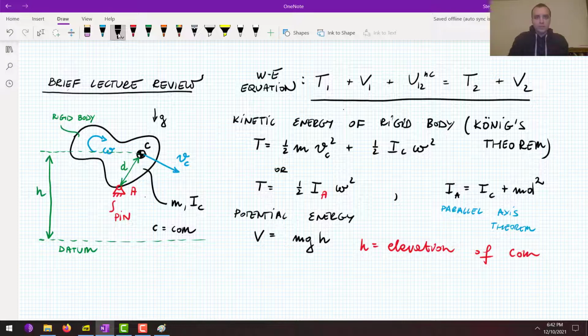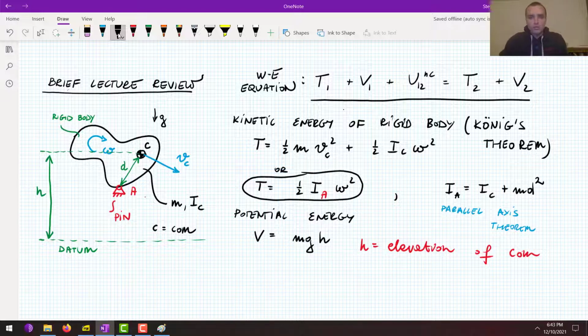All right, so this is the most general case to write the kinetic energy of a rigid body, and you can always write it. However, if you locate, let's say, a pin in the system, so that our body is pinned at some point, then think of going for this expression: kinetic energy is equal to 1/2 Ia omega squared, where A is of course the pin.